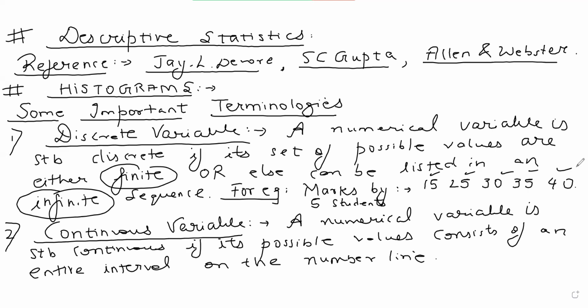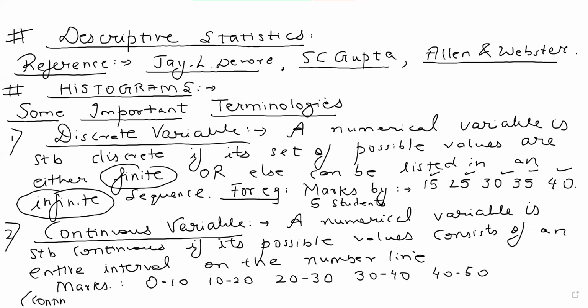On the other hand, suppose I talk about marks by 5, suppose I write it like this. Marks, let's say 0 to 10, 10 to 20, 20 to 30, 30 to 40, 40 to 50, and so on. Here, marks is a continuous variable, because we now have class intervals. Now, if I talk about 0 to 10, there are infinite real numbers between 0 and 10.